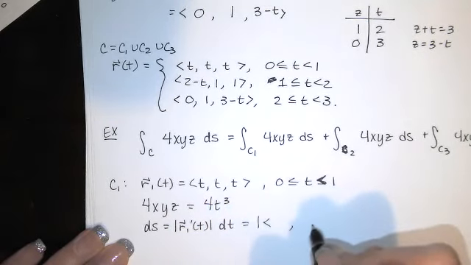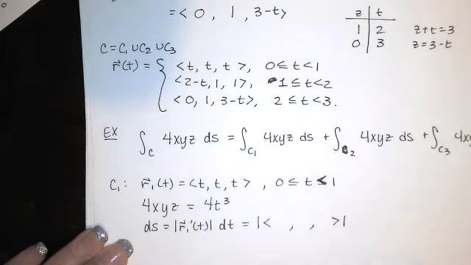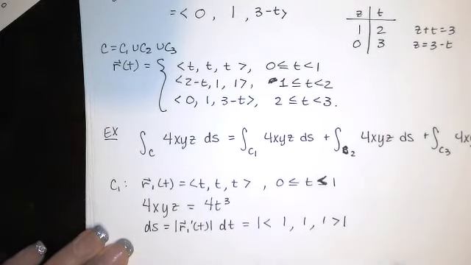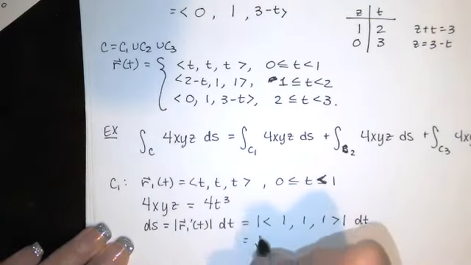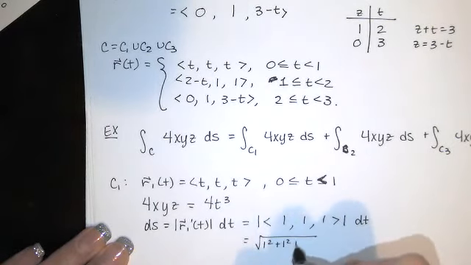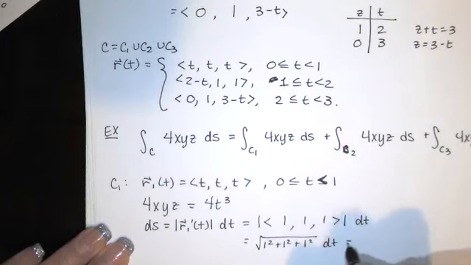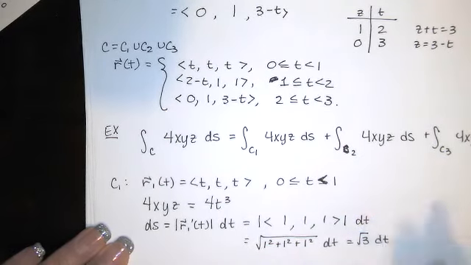So we want the magnitude of the derivative of that. The derivative is just a vector with components 1, 1, and 1. So you take the components, you square them, add them, and take the square root. We just get square root of 3 times dt.